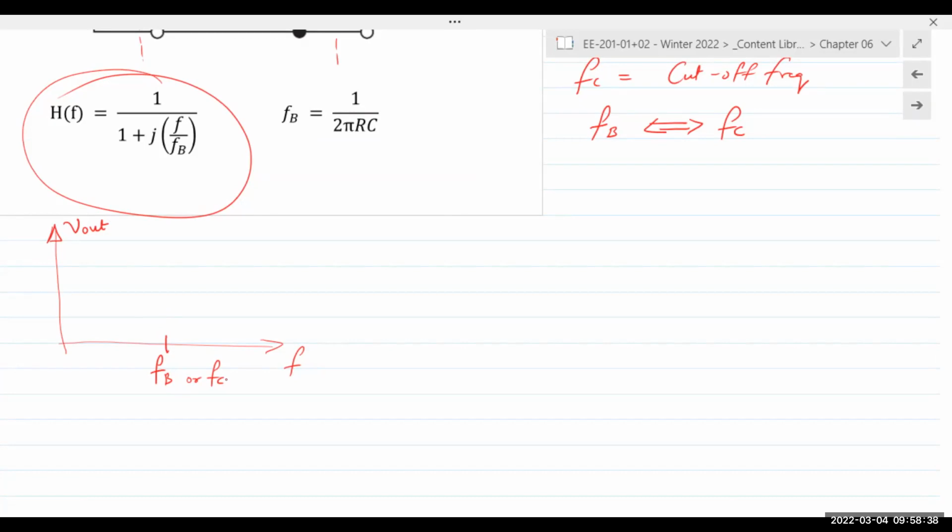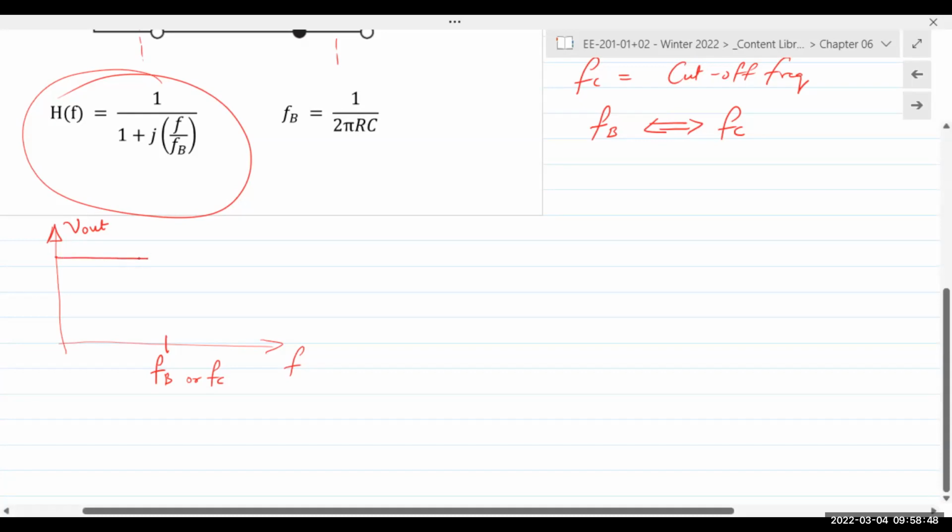And so because there's a transition point, we say it's a low pass filter. Frequencies that are lower than FB are allowed to pass through, meaning V out will have a magnitude or a value exactly equal to V in. The filter should not affect the output at all.